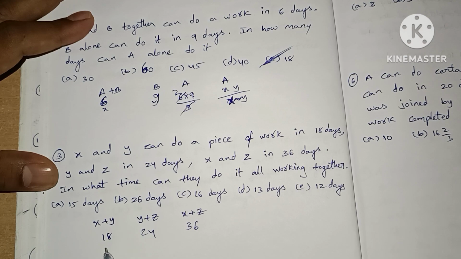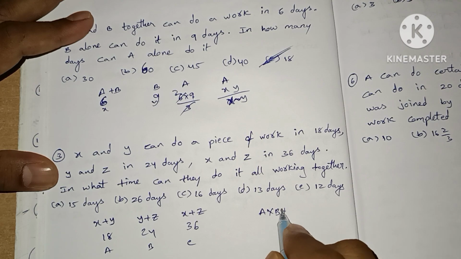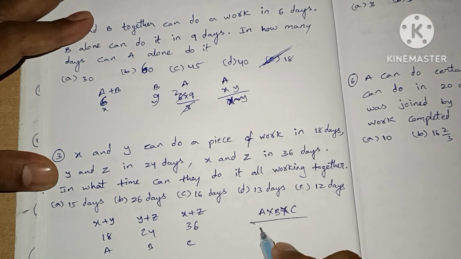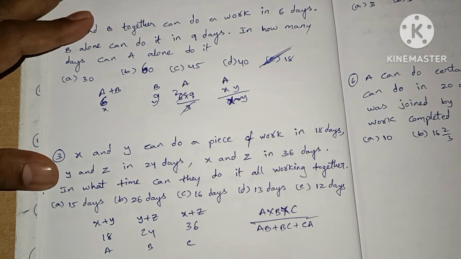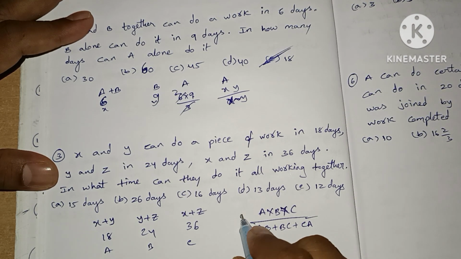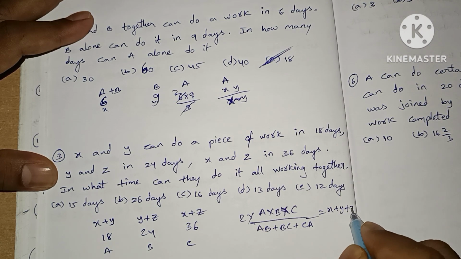For this type of question, if we take it as A, B and C, the formula will be A into B into C divided by AB plus BC plus CA, okay, now into 2 whole equals x plus y plus z.